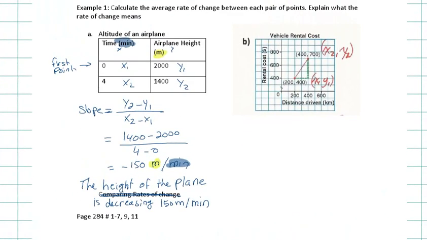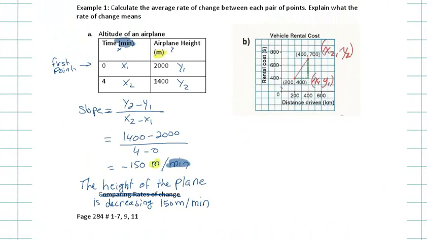The second graph I'm looking at is the vehicle rental cost. How much does it cost to rent a vehicle with respect to distance driven? When you rent a car, you have to pay for how many kilometers you drive. So we see 2 points.